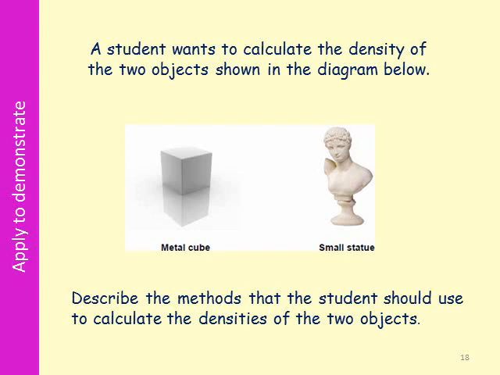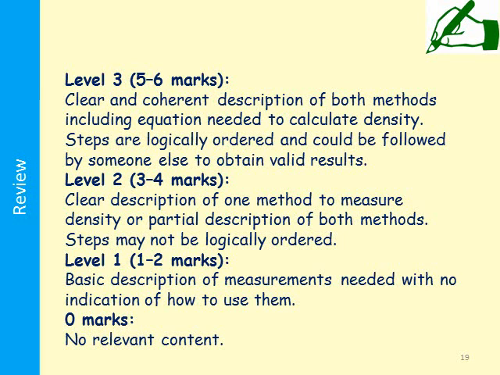Okay, so this here is just what the examiners get, and as you can see, to get the full marks it says a clear and coherent description, steps are logically ordered, and somebody else will be able to obtain valid results, so it's reproducible.